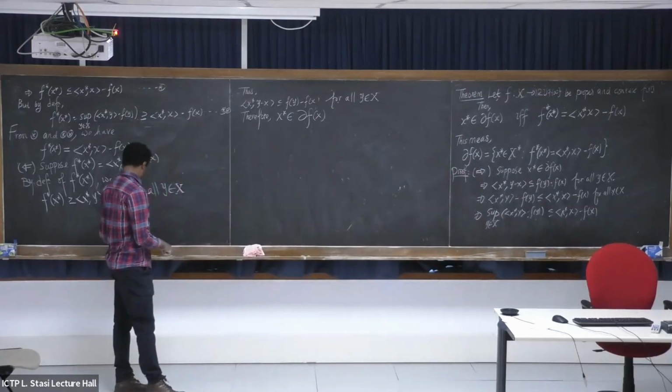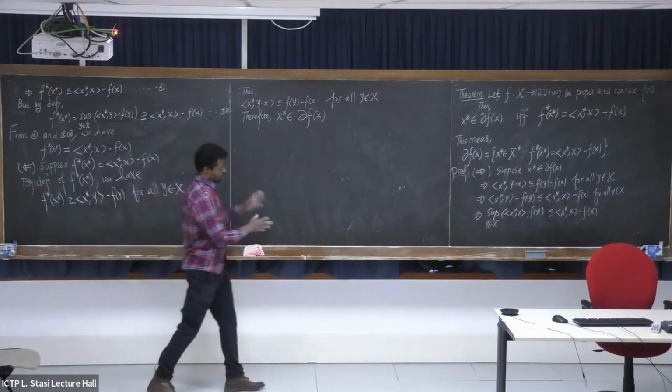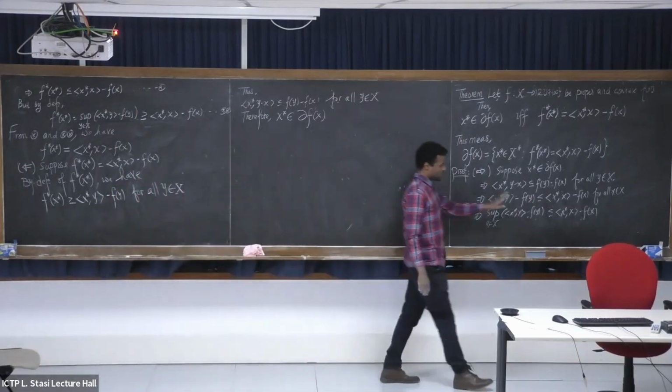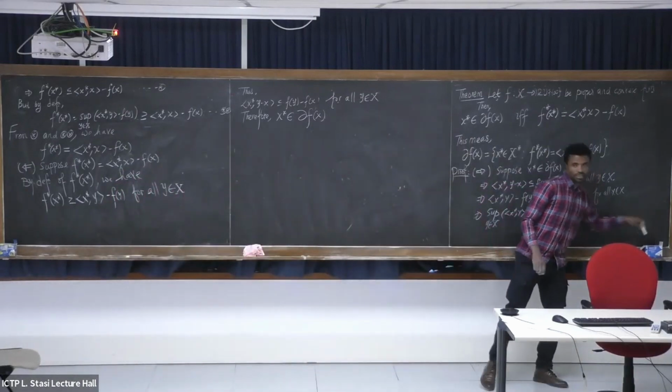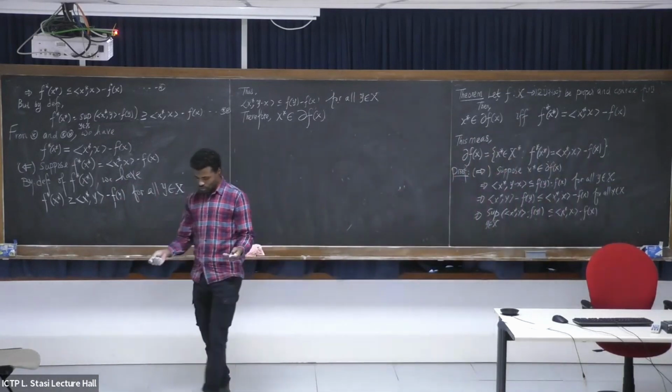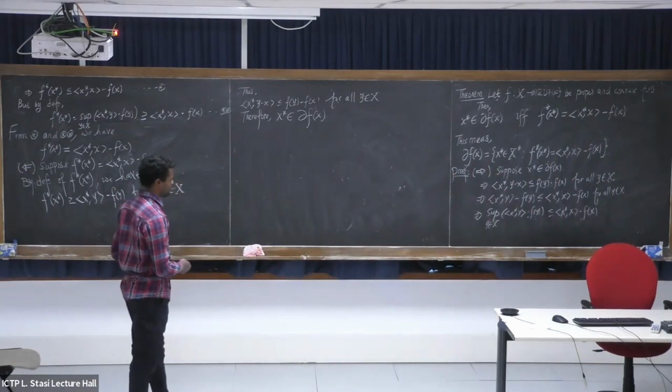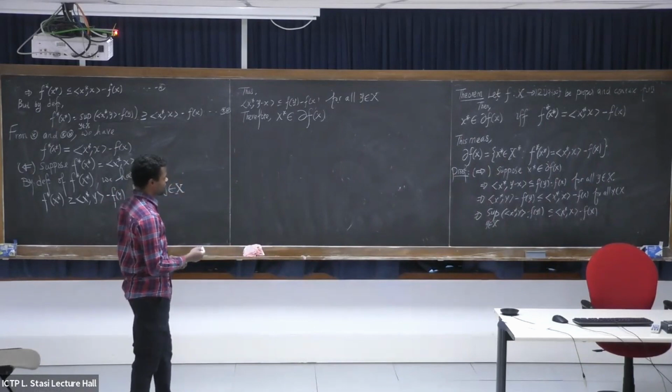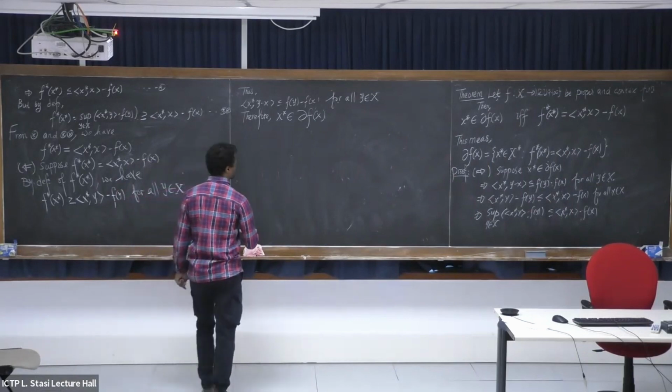Now, having discussed this, the next topic is the biconjugate, the conjugate of the conjugate. What happens? Conjugate function, then it is conjugate.